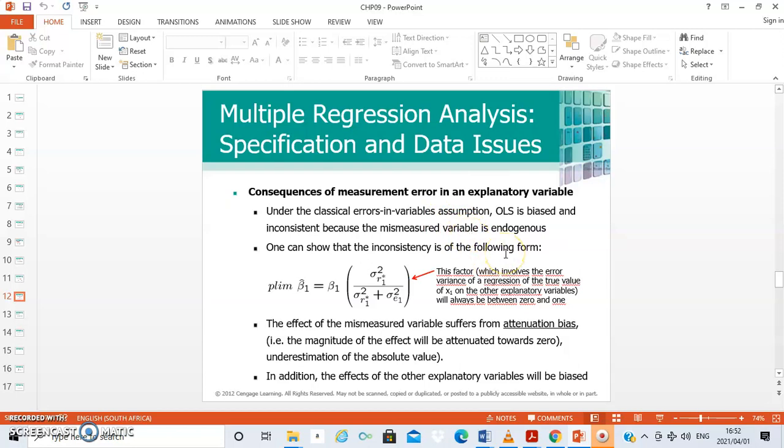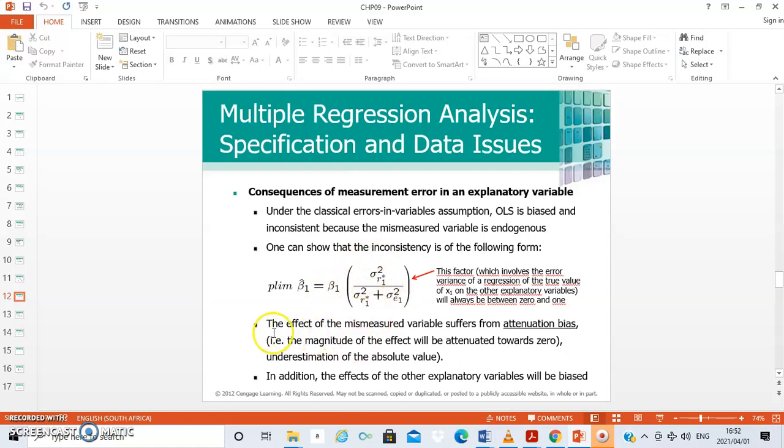It remains inconsistent because x1 relates to e1 and to x star, which is mismeasured. So the estimate will not be equal to the true beta 1, and we know this relationship.